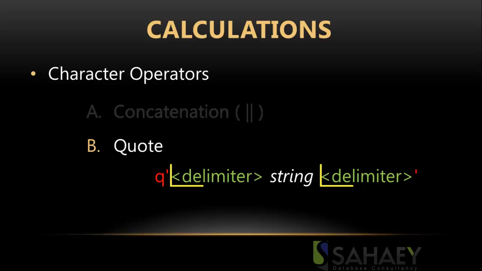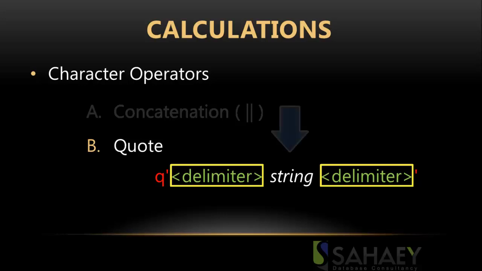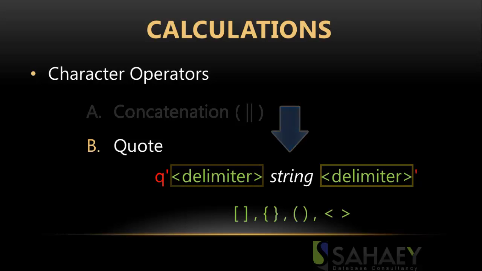The quote operator uses a delimiter character on either end of the string to escape all the single quotes enclosed within. You can choose any character of your choice as the delimiter or one of the following character pairs.